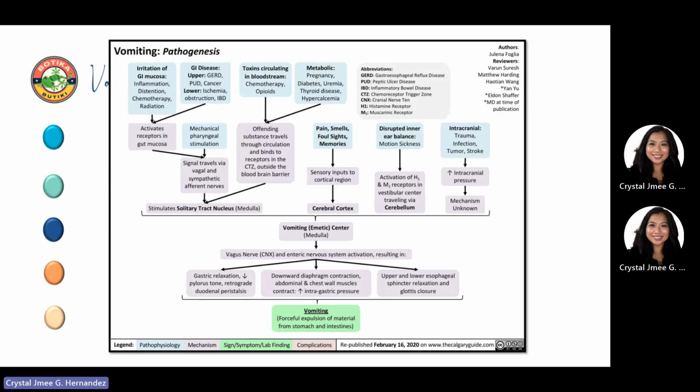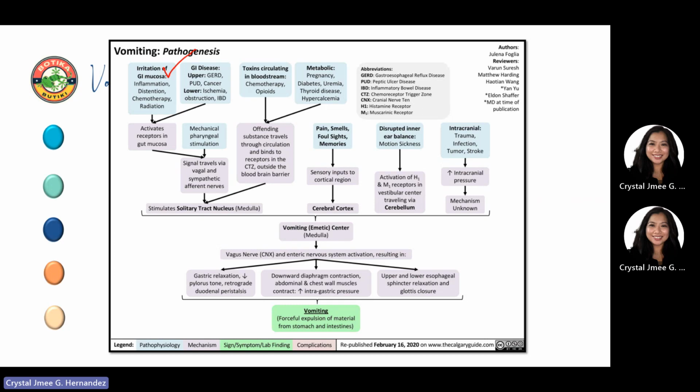So, based on the etiology, for example, what we mentioned earlier is the irritation of the GI mucosa. If there is inflammation or distension, it can be due to chemotherapy or radiation. In this pathway, this will lead to the activation of receptors in the gut mucosa, and that signal travels via the vagal and sympathetic afferent nerves. Once it happens, it will stimulate the solitary tract nucleus in the medulla, triggering the vomiting emetic center in the medulla.